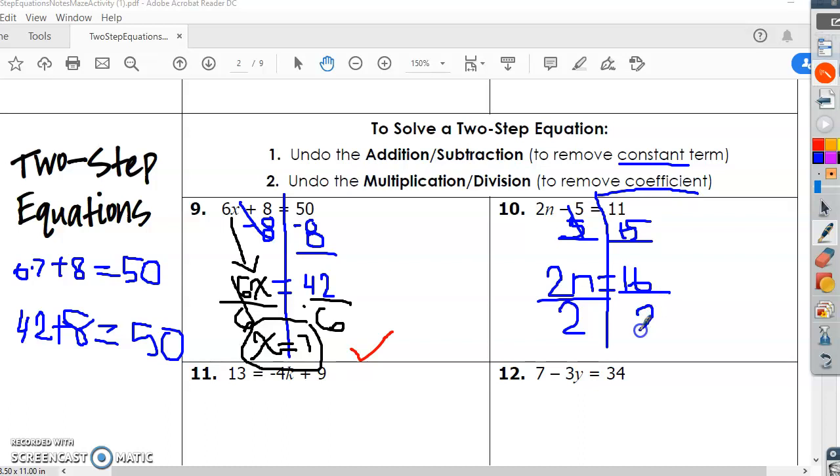And 16 divided by 2 is equal to 8. I'm not going to check this one, but if you want, you can plug it in and double check that it is correct. Okay, let's go ahead and move on.